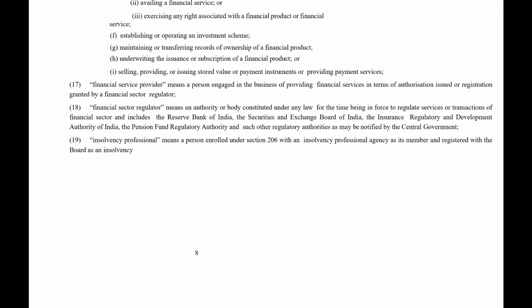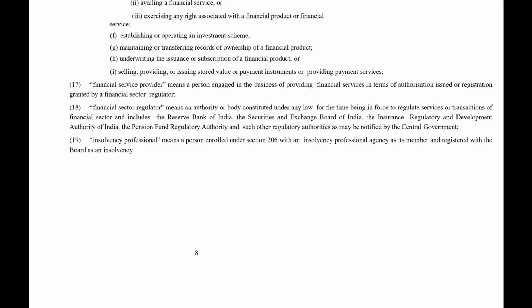Why is this definition of financial sector regulator important? Because financial service providers are kept outside the definition of corporate person. So there is a separate procedure for initiating the insolvency process against financial service providers.